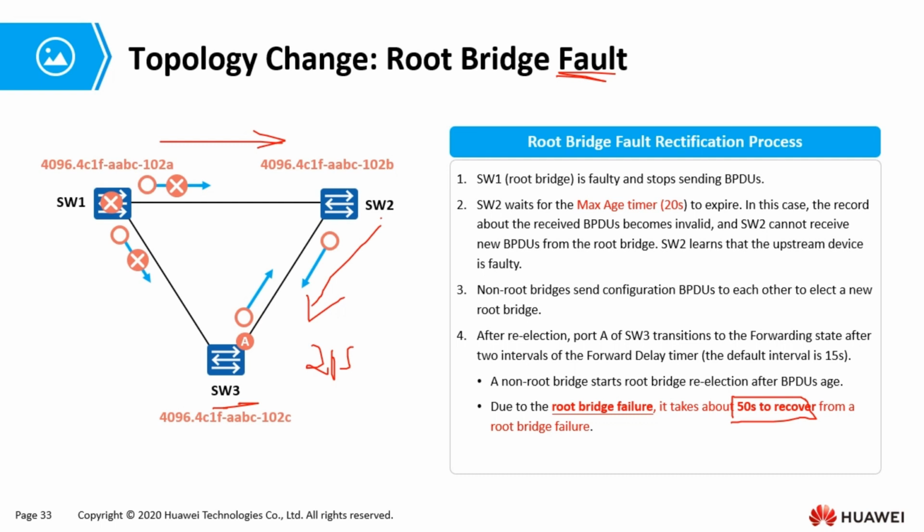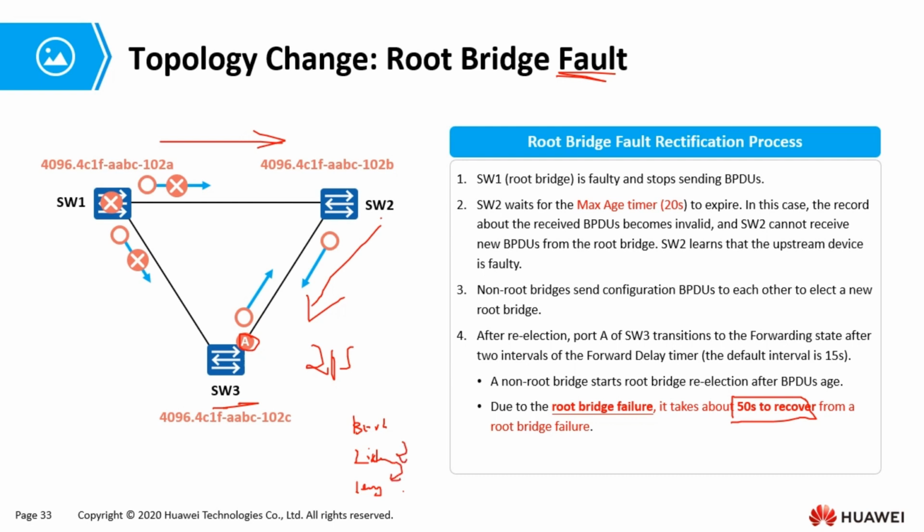So for the port state, what happens? The port under switch A is the alternate port. It will move from blocking to listening, then from listening to learning and then to forwarding.